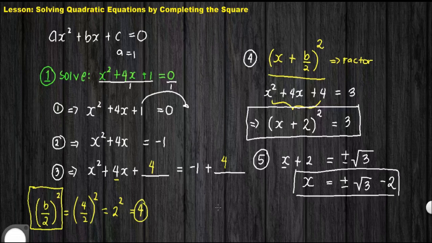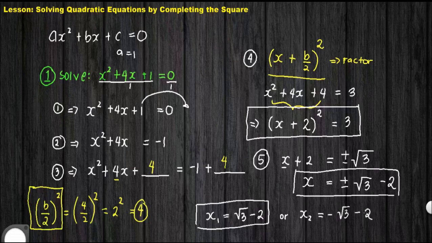So, para ma-identify natin, we have the first solution, square root of 3 minus 2, or x of 2 naman natin. Yung second solution natin is negative square root of 3 minus 2. And that's it. That is our first example.